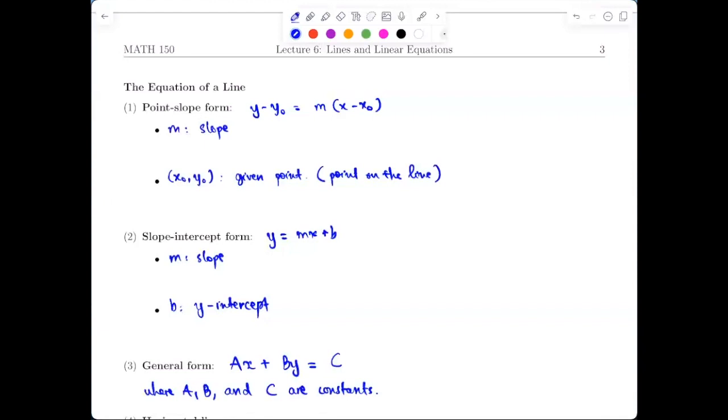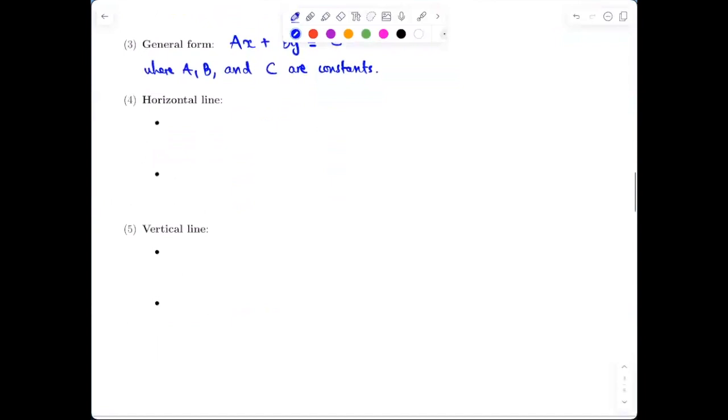So y equal to b is the horizontal line. m in this case is equal to 0, and b again is the y-intercept. So y equal to the y-intercept, because the horizontal line always cuts the y-axis. You with me on that? Okay.